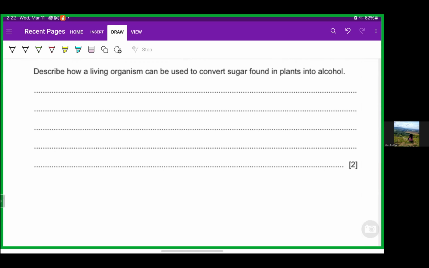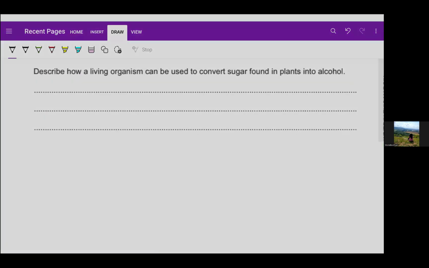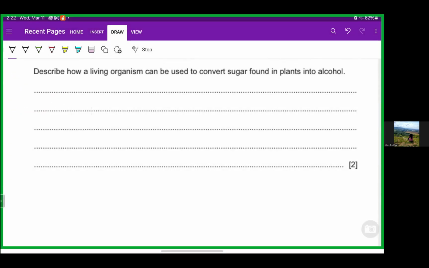So yeast can ferment sugar into alcohol.